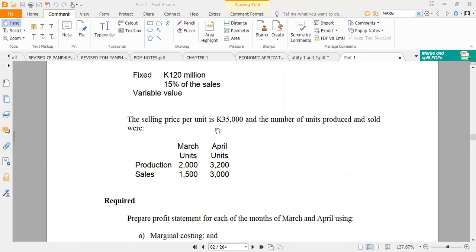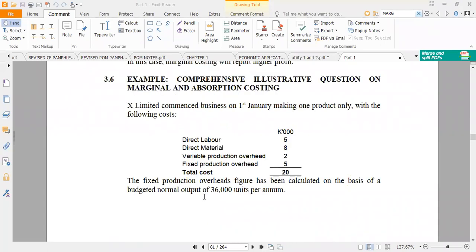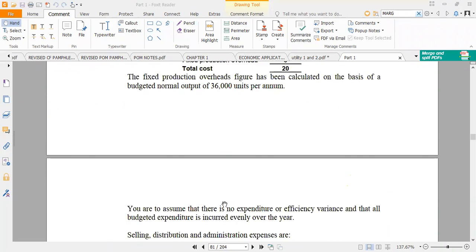For the number of units produced and sold: production in March is 2,000 and April 3,200, and sales in March were only 1,500 and April only 3,000. The budgeted units per month are 3,000, because the normal budget is 36,000 units divided by 12.